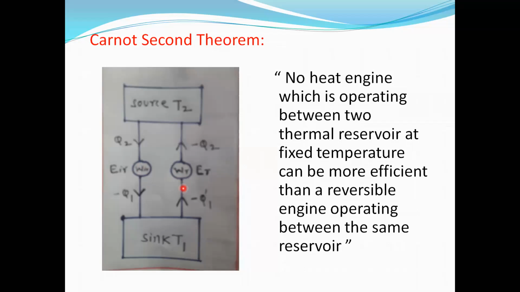As we have assumed that the irreversible engine is more efficient than the reversible, the work produced by the irreversible engine, WIR, is greater than WR, ज्यादा होगा किससे? WR से, because we have considered that the irreversible engine is more efficient than the reversible engine.